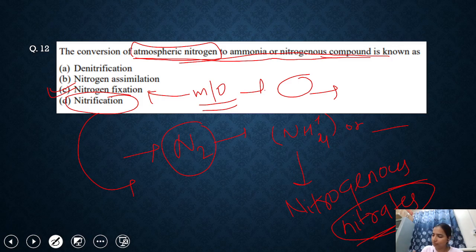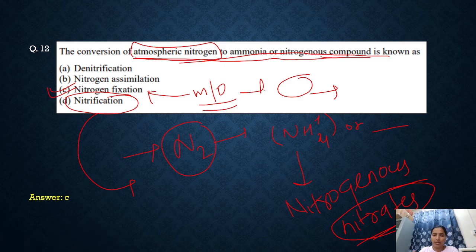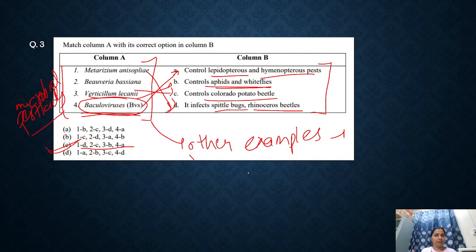Okay. So for this question, the answer is C. Everyone understood this question and the others also? If there is any issue in any question, then please let me know.